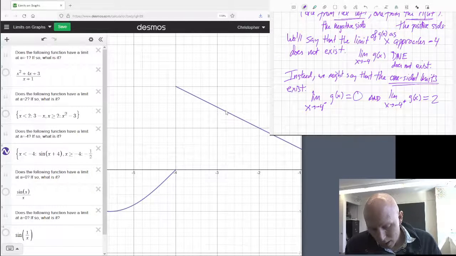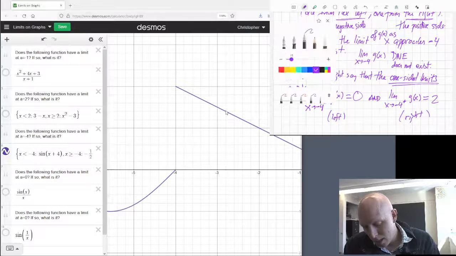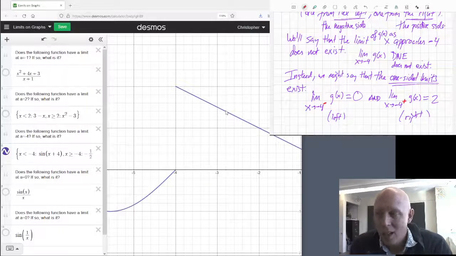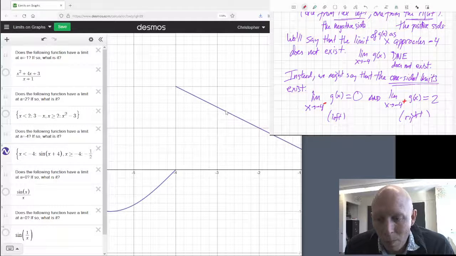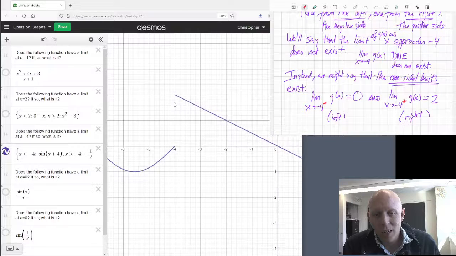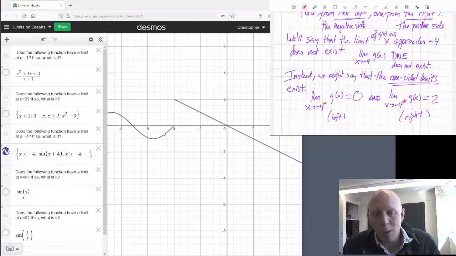So these are one-sided limits. This is the left side, and this is the right side. And we denote these by these little minus and plus signs on our numbers. So this is another example. This has a jump from the left side to the right side.